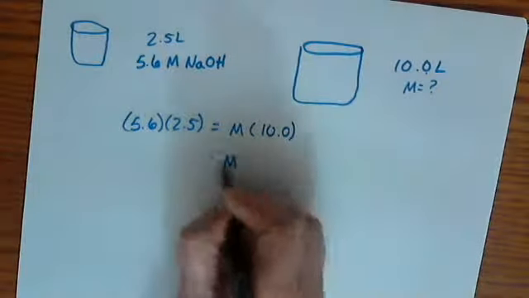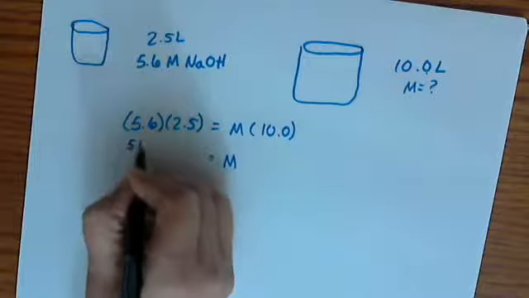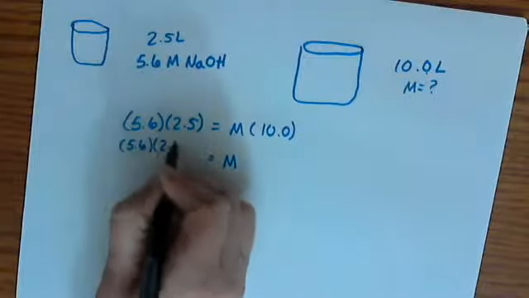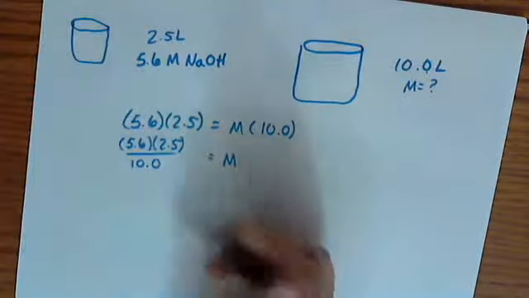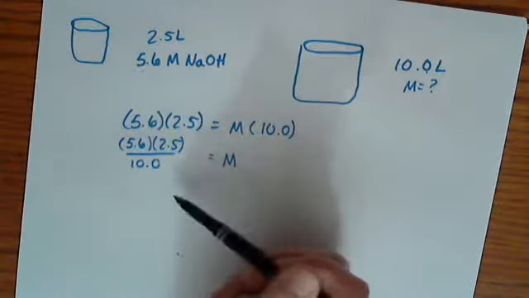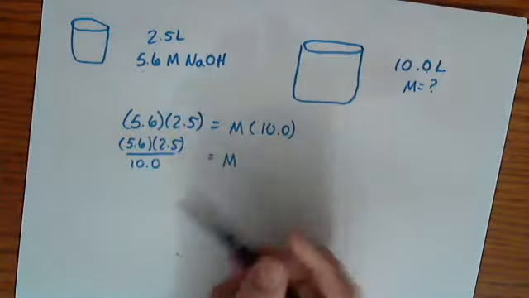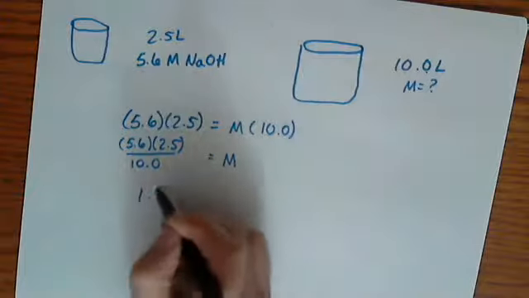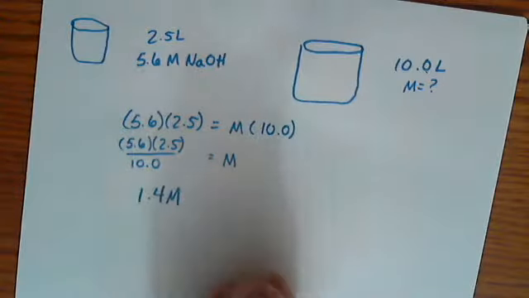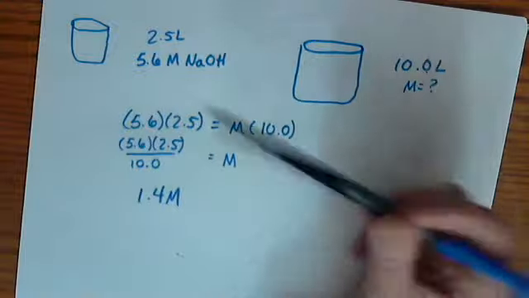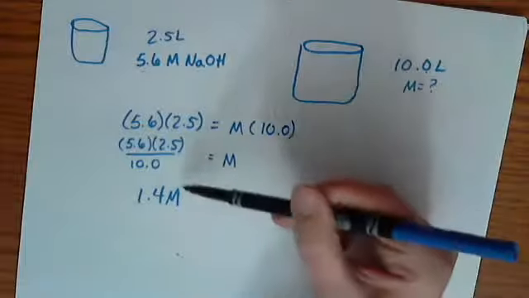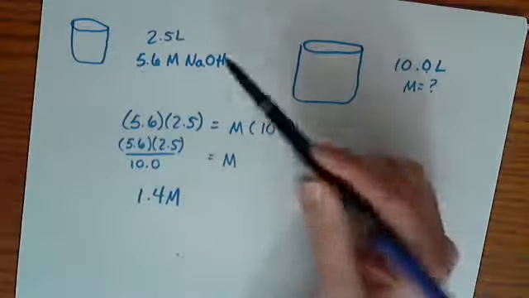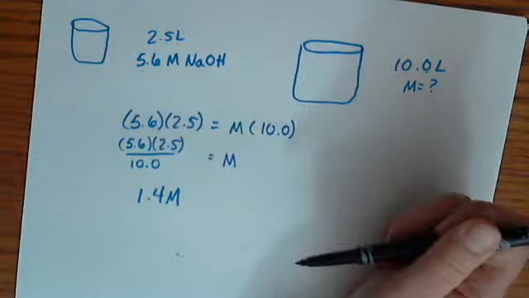So when I get M by itself, it's 5.6 times 2.5 divided by 10.0. Plug that into my calculator, and the answer is going to be 1.4 molar. And that's going to be the concentration of this. So we went from a 5.6 molarity down to a 1.4 molarity just by adding water.